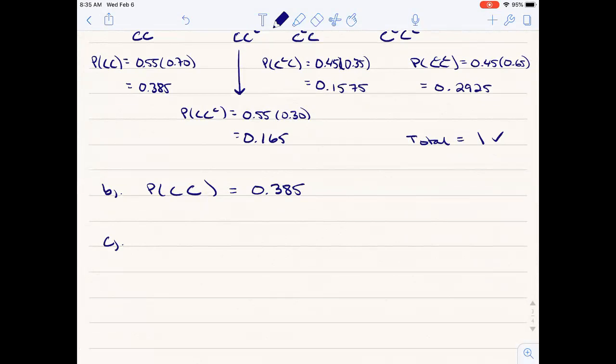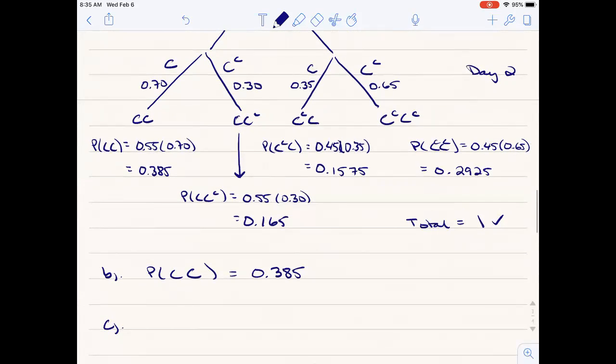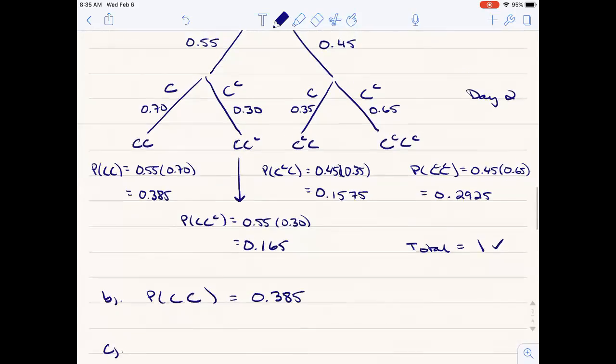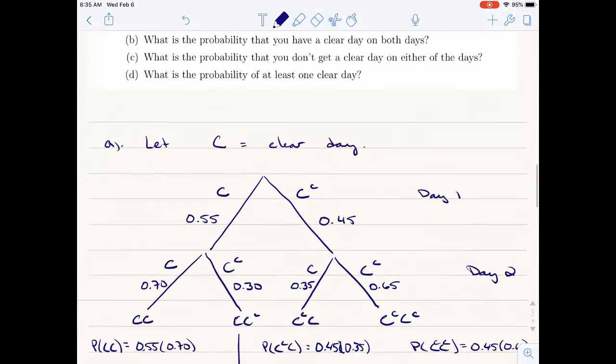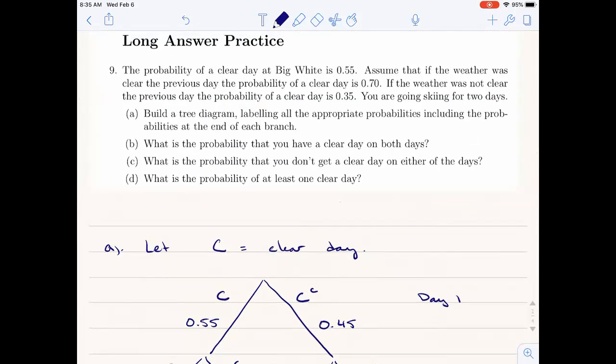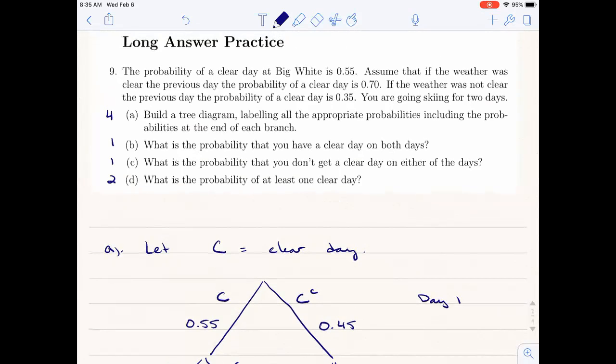So on the test, the tree diagram will be worth more than the other answers. I think we said 8 points. I think this one would be worth 4 marks, 1 mark, 1 mark, 2 marks.